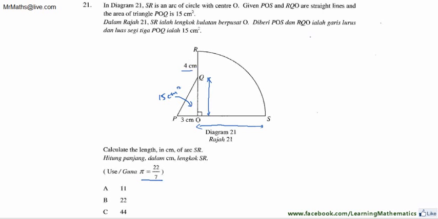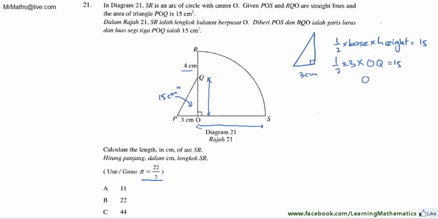So take a look at that triangle. This is a right angle triangle with base 3 cm. And what is the formula of the area of a triangle? Half times base times height, which is 15. So the base is known, which is 3. Half times 3 times height OQ is 15.